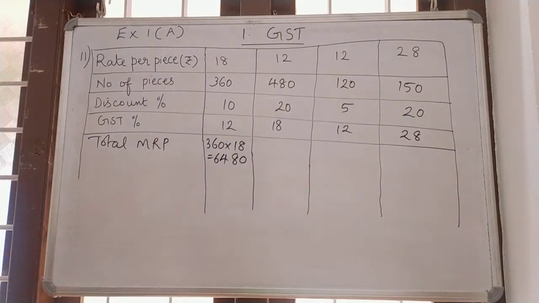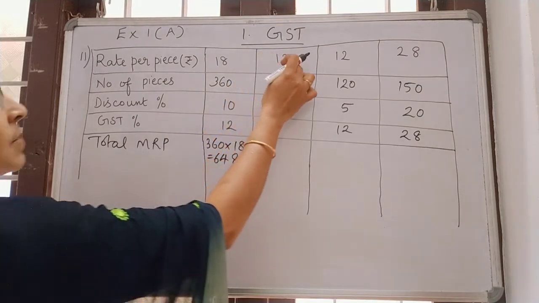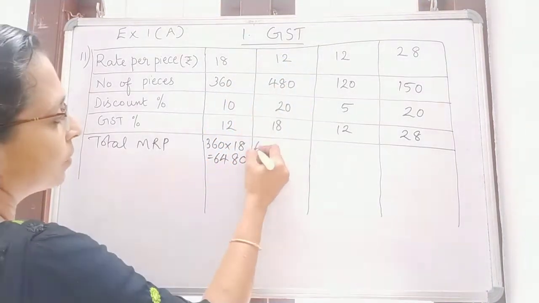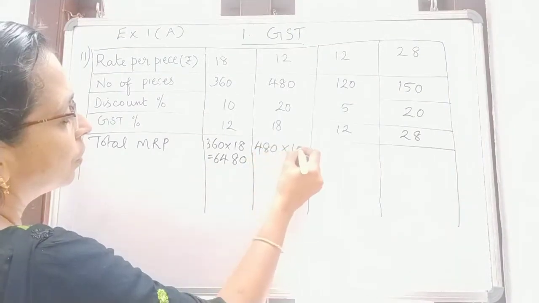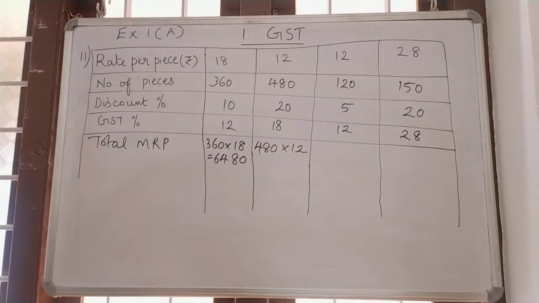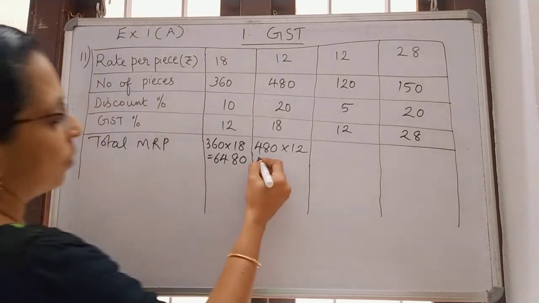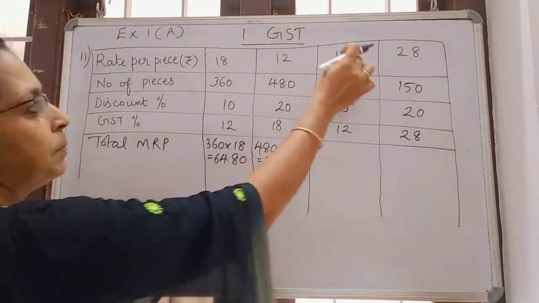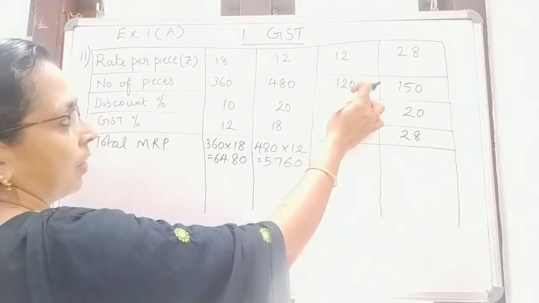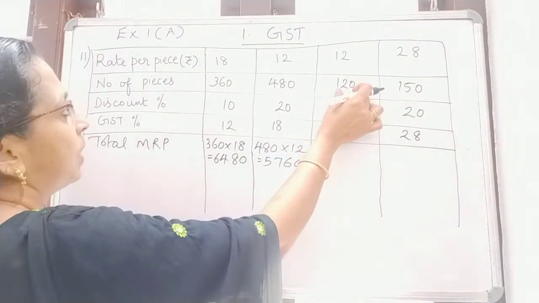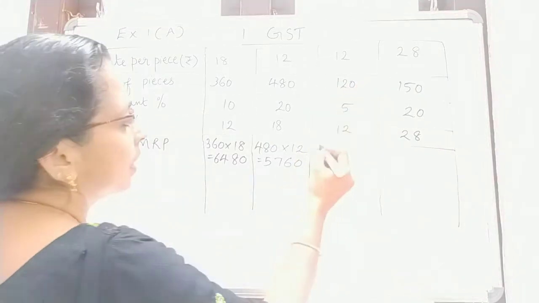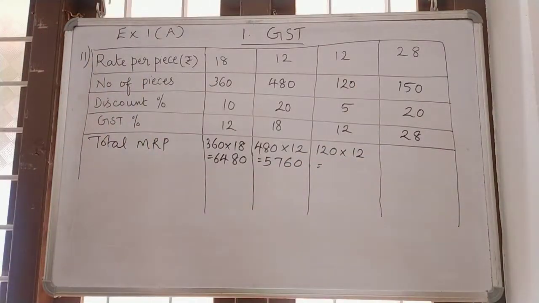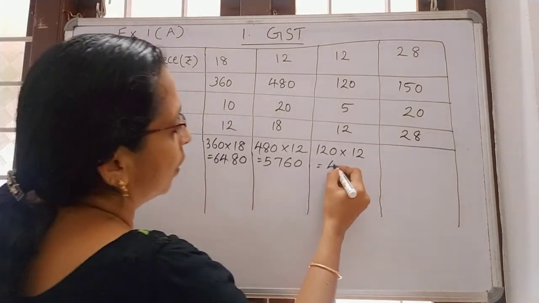Next, 12 rupees per piece, 480 pieces, so 480 into 12 is 5760. Per piece 12 rupees, number of pieces is 120. So 120 into 12 is 1440.